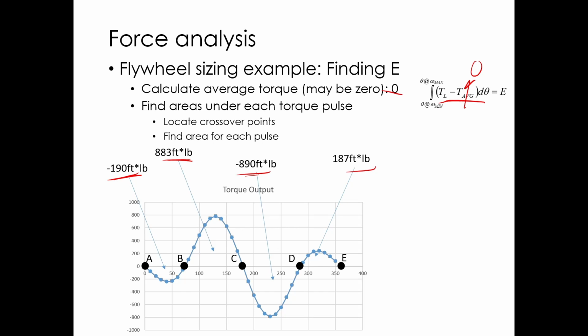What are these numbers? This is work done. This is the torque output for this engine, plotted as a function over a displacement, 360 degrees here. So note on units, this chart is in pound-feet of torque.